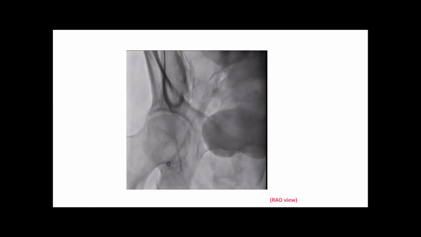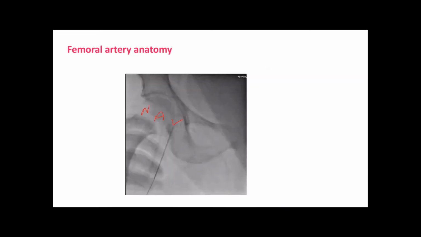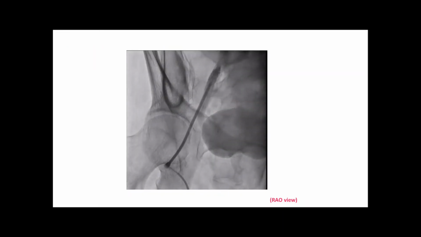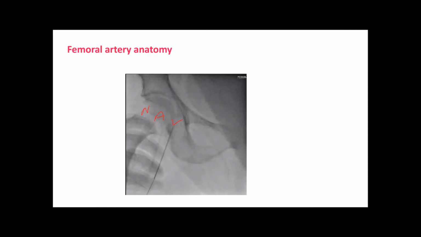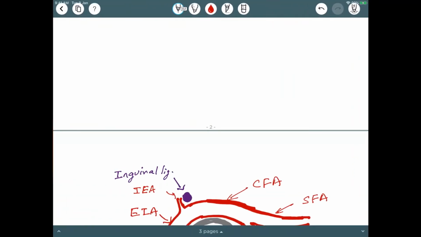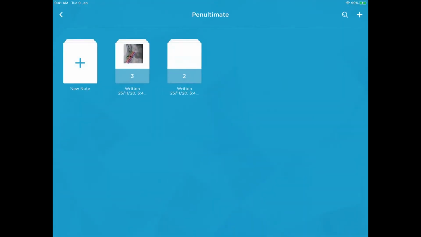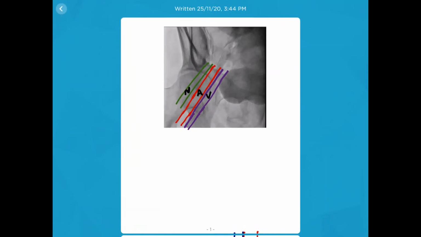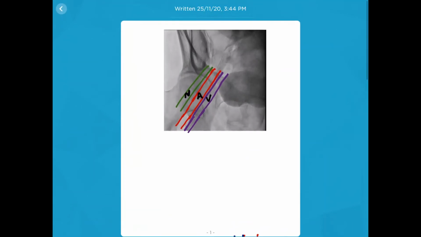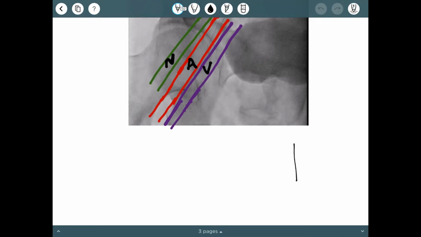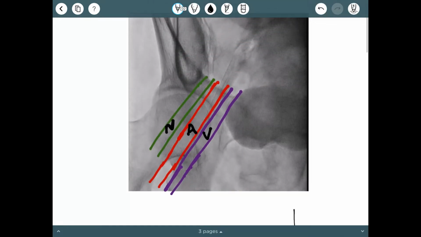And if you see the relationship further, I'll show you with a diagram. What is the relationship at the femoral head of the artery, vein, and nerve?